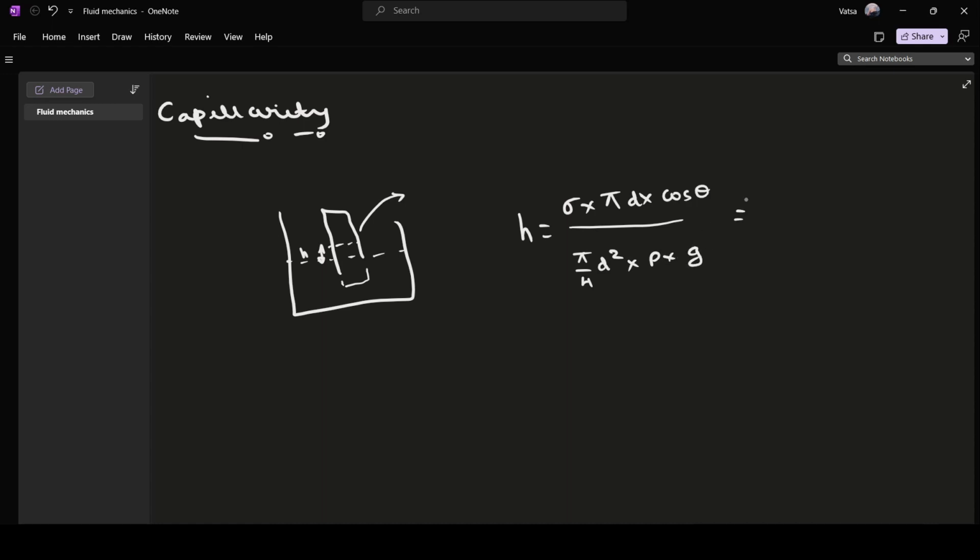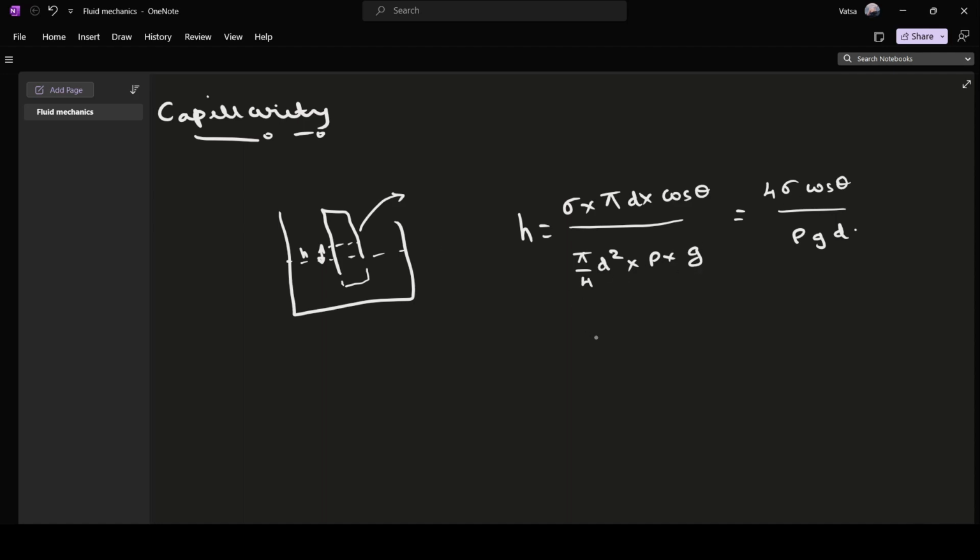So we can cancel out quite a bit here and we get 4 psi cos theta divided by rho g d. Here theta is the angle of contact between the liquid and the glass tube.